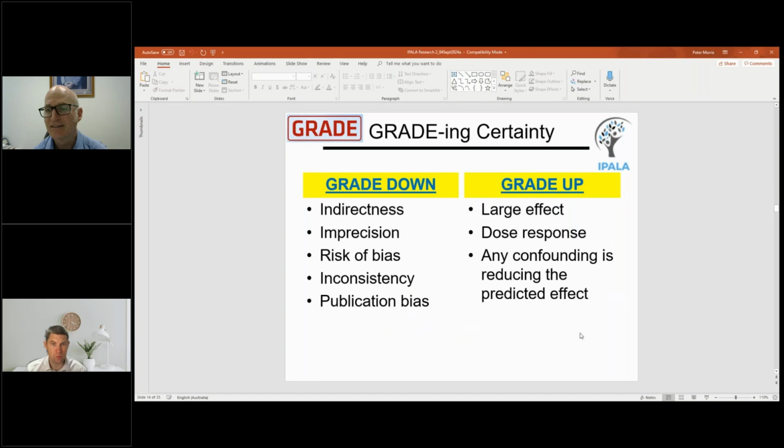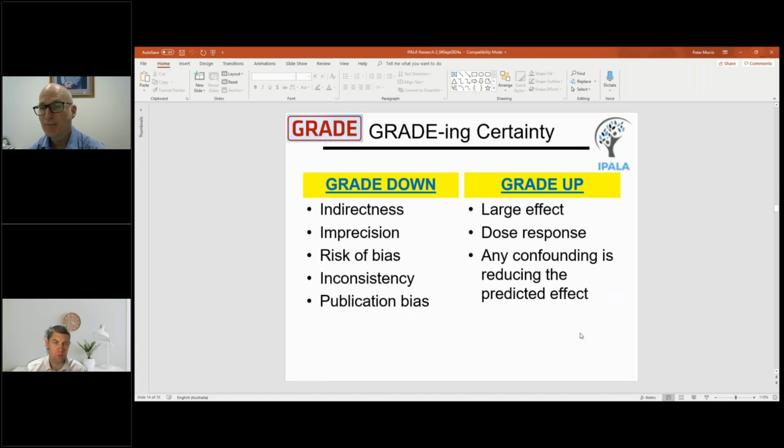So that's the same as a 50% relative risk reduction, so a halving of the outcome of interest, or an 80% relative risk reduction, so reducing the outcome you're concerned about by more than 80%. And you might grade up by 1 or 2, depending on how large the effect was.